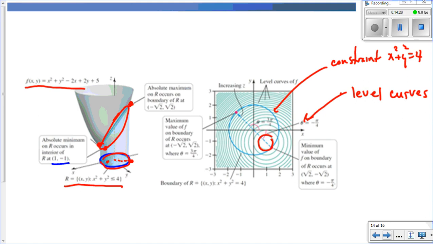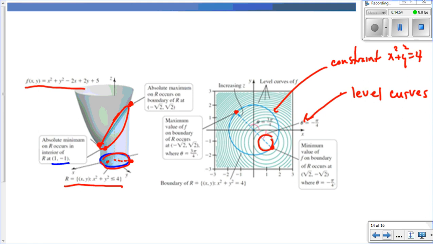The smallest level curve that the constraint intersects is right here. And that gives us that lowest z value for the region inside of that circle. And now look at the biggest level curve, which is the furthest one out here.